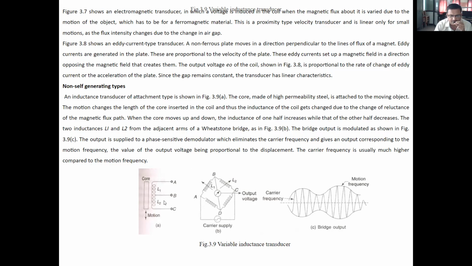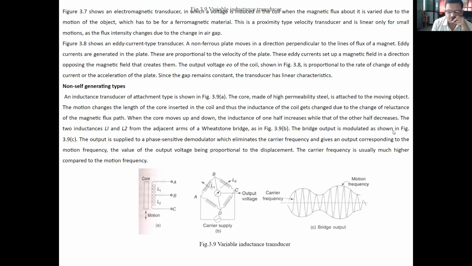When the core moves up and down, the inductance of one half increases. If this core moves upward, the inductance of L1 will increase and the inductance of L2 will decrease, while that of the other half decreases. The two inductances L1 and L2 form the adjacent arms of the Wheatstone bridge.